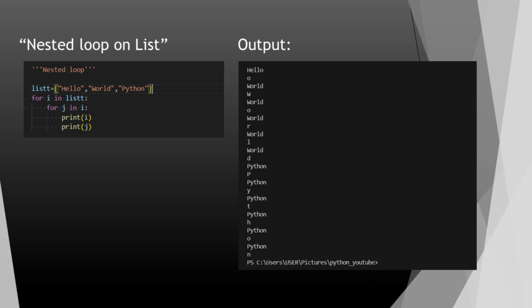So now I'm going to apply my inner loop on i. When I print i and j, you can see in the output how it prints each character of the string on different lines. So that was our explanation.